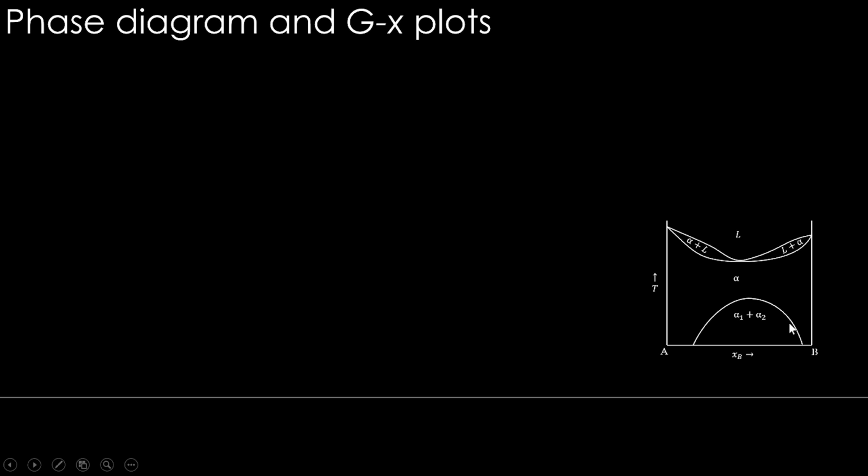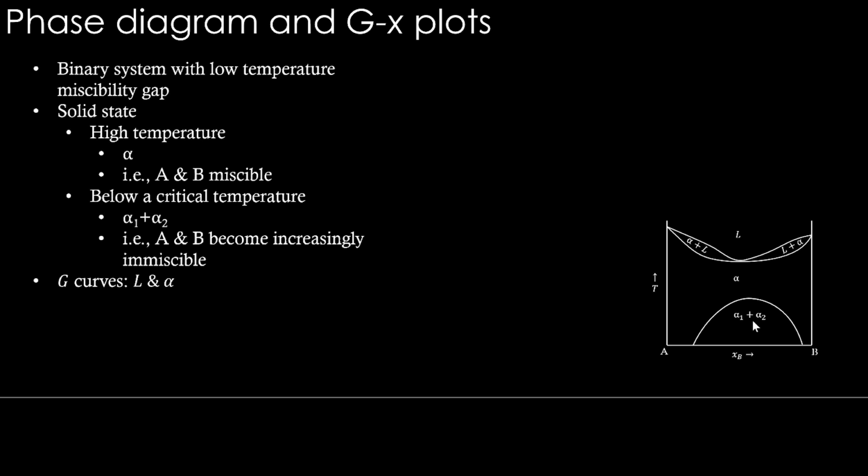Okay, this is how the system is, and here we have a two phase region, alpha plus L. This is also the same region, a continuous two phase region, and here we have another two phase region. So this is a binary system with a low temperature miscibility gap. At high temperature it is nicely miscible.